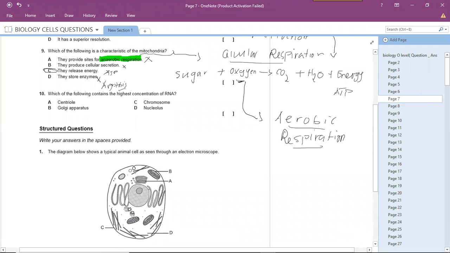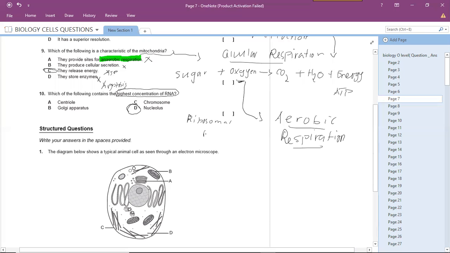So question 10. Which of the following contains the highest concentration of RNA? Remember, I told you the nucleolus is specialized for producing RNA, which is ribonucleic acid. So you have to go through that video on cell biology to understand the function of the nucleolus. It produces ribosomal RNA.